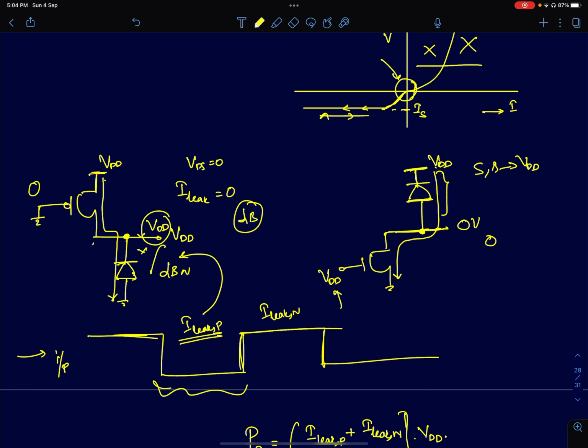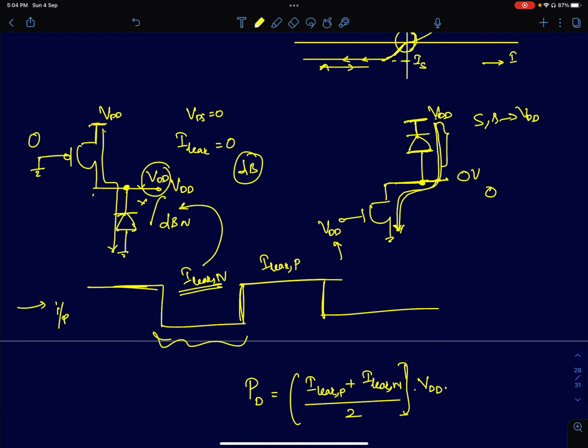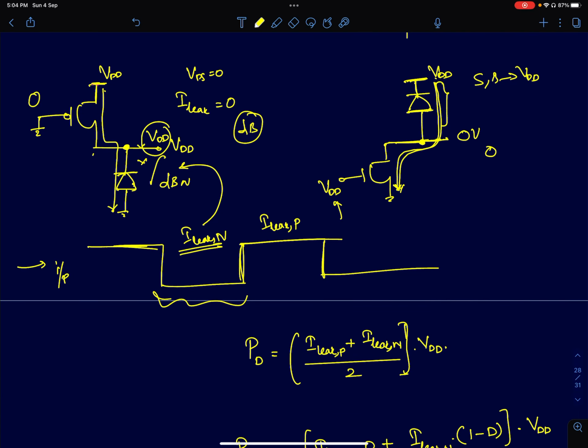This leakage current is determined by the NMOS diode, so I'll call it I leak N, and when the input clock signal is high, the leakage current is determined by the drain to bulk PMOS diode, so I leak P. So when input is 0, you're drawing I leak N, input is 1, you're drawing I leak P. The average current is the arithmetic mean, I leak P plus I leak N by 2, times VDD, which will be your leakage power dissipation.